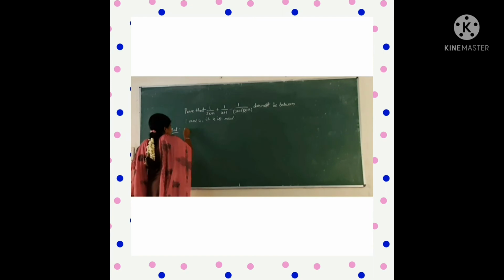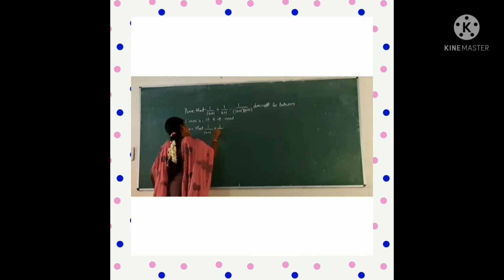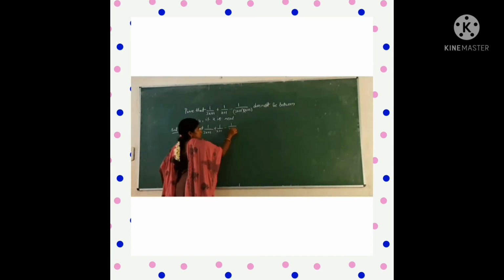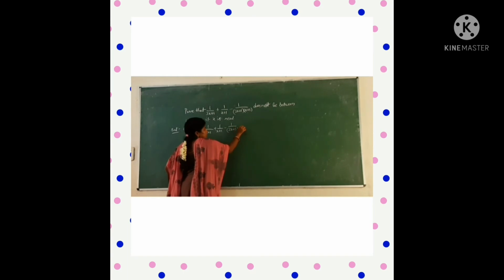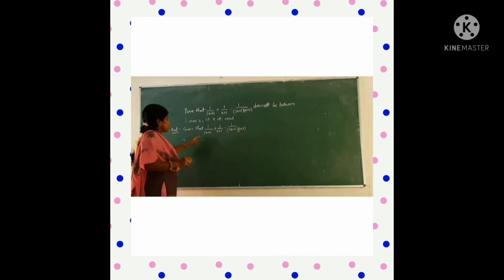First, here the given fraction is 1 by 3x plus 1 plus 1 by x plus 1 minus 1 by (3x plus 1) into (x plus 1). Okay? This one now we change.